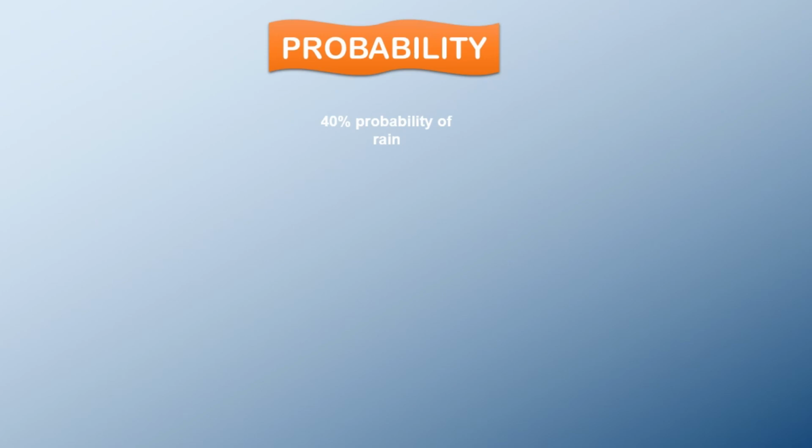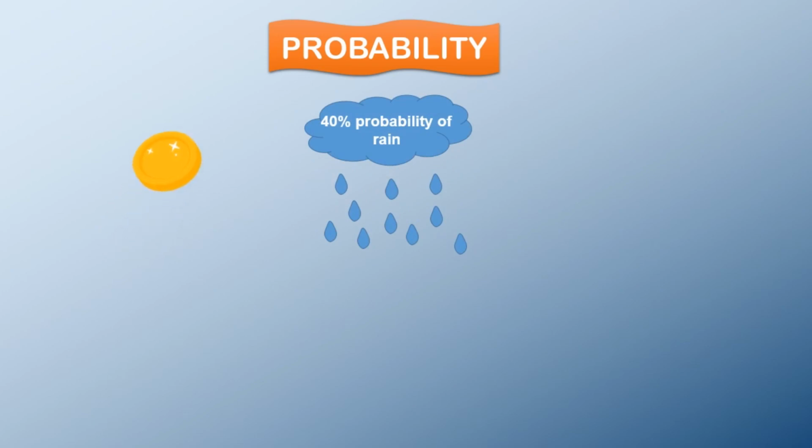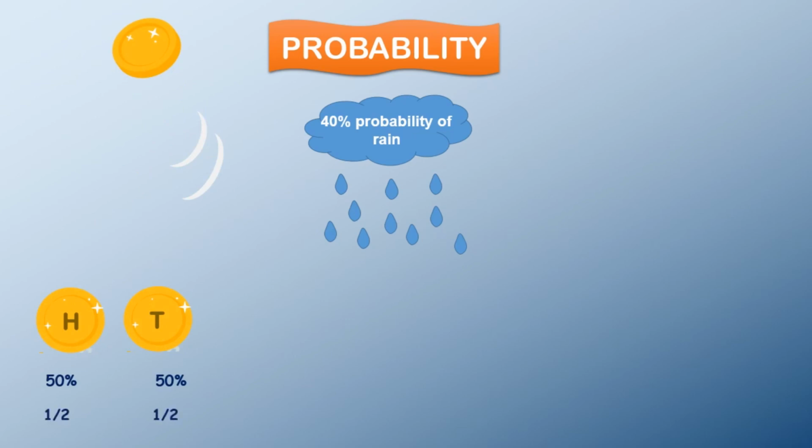So, it can be interpreted that if we set this statement for 100 days, then out of those 100 days, it will rain for 40 days. The most common example for easily demonstrating probability is flipping a coin, where there is a 50% chance to get heads and 50% chance of getting tails. That is, 1 by 2 will be the probability that we will get heads or we will get tails.